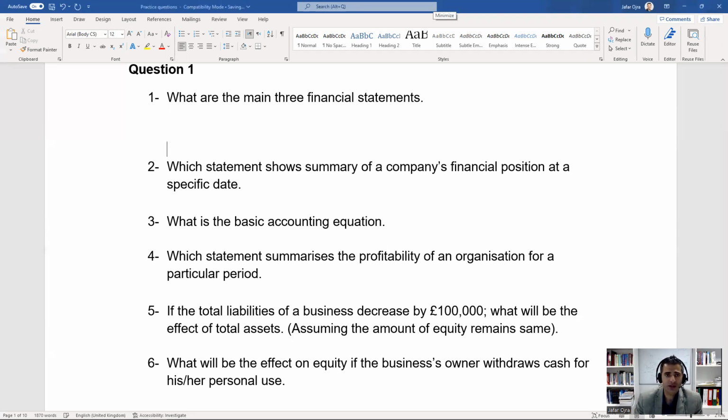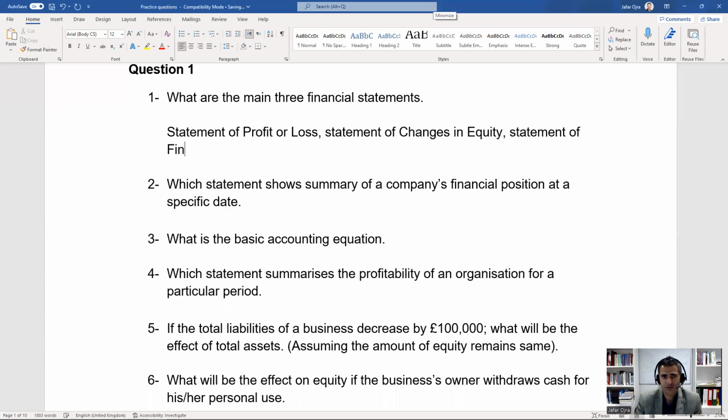So we have 3 main financial statements. The first one is the statement of profit and loss. We also have the statement of change in equity, and the statement of financial position.